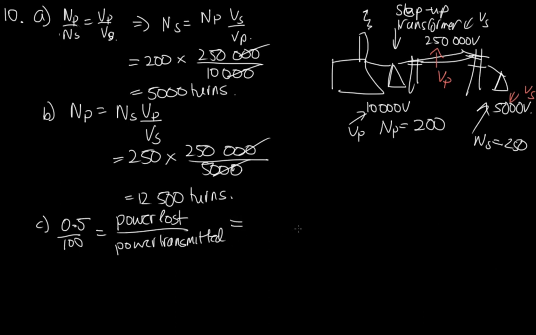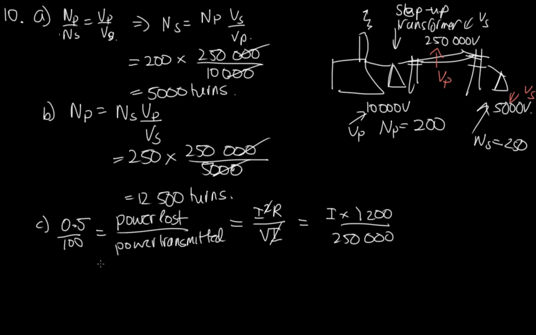Now the power lost is due to the current and the resistance, so it's given by I squared R, and the power transmitted is equal to VI. So this I and that I will cancel each other out, and we need to work out what this current is. We're told that this resistance is 1,200, and we know that the voltage is 250,000.